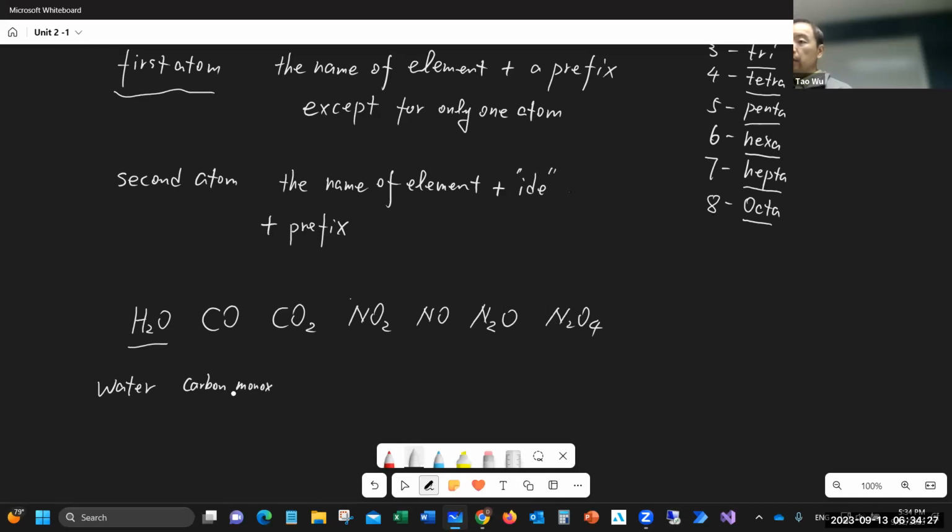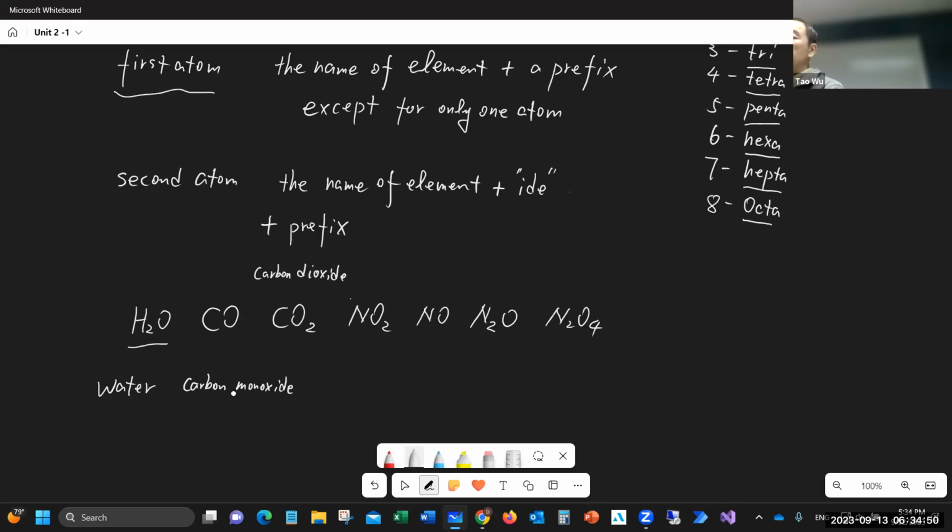Some people write monooxide with 2 O's, but that's totally fine. This one is carbon dioxide, which means two oxygens.